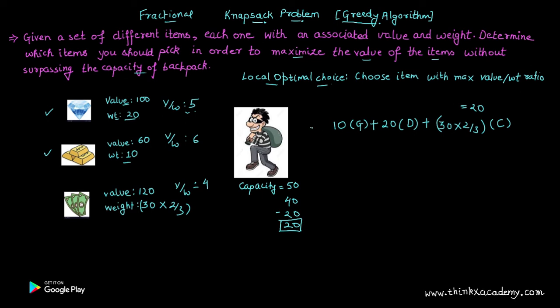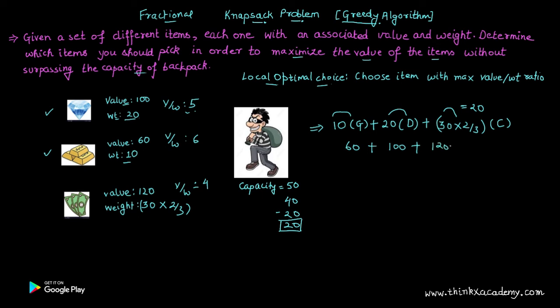This one is the local choice, this one is also a local choice, and this one is also a local choice. After you have made all the local choices, you are going to add all the values of these items. So 10 units of gold has value 60, 20 units of diamond has value 100, and 2/3 of the weight means 2/3 of the value.